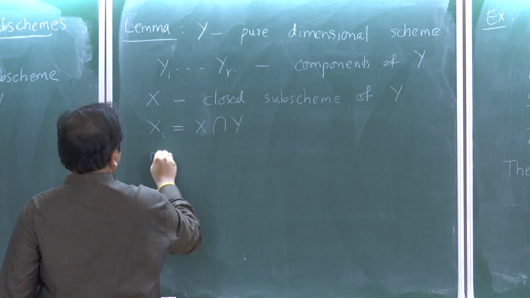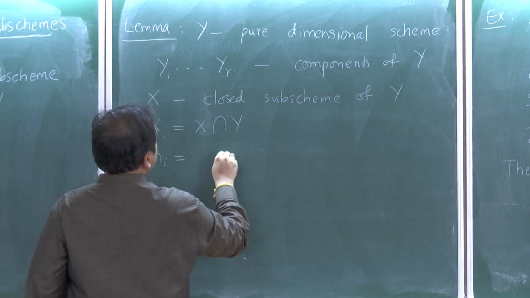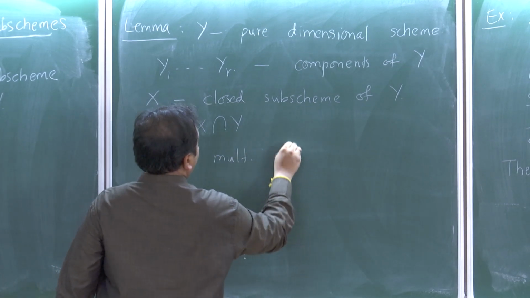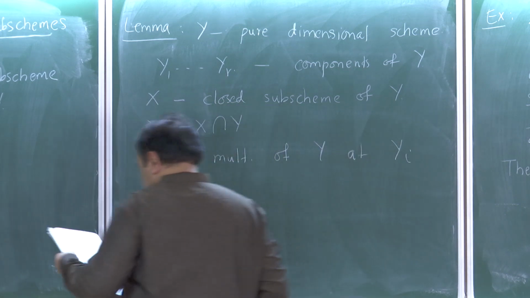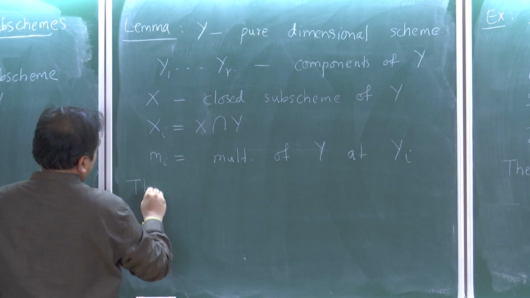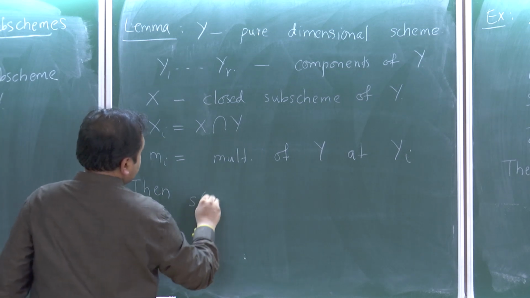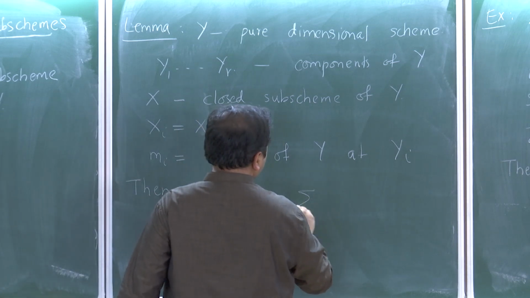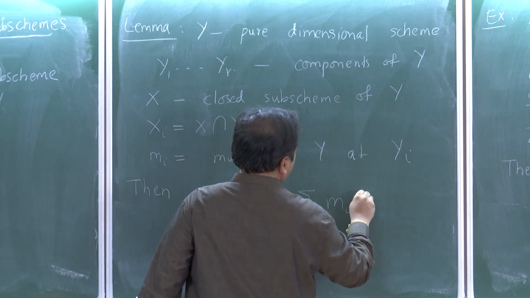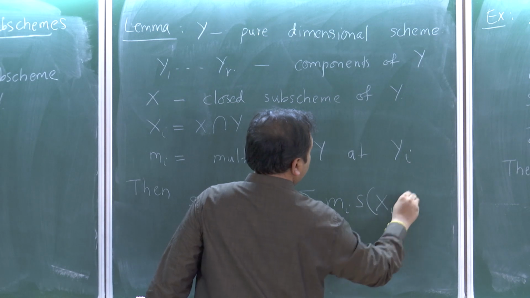Now let mi equal the multiplicity of Y at Yi. So then S(X,Y) is equal to the summation of mi S(Xi,Yi).